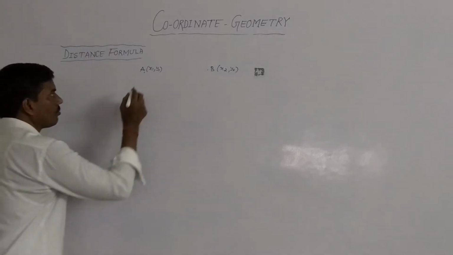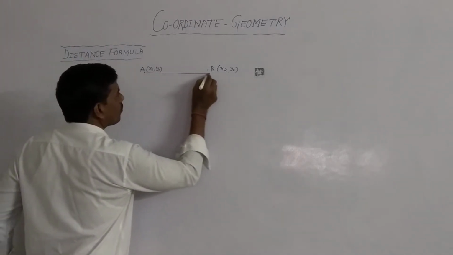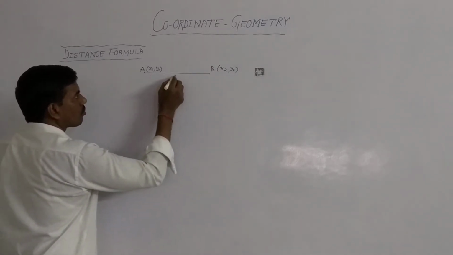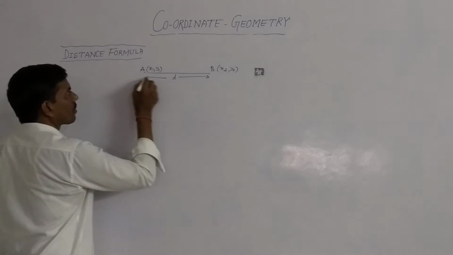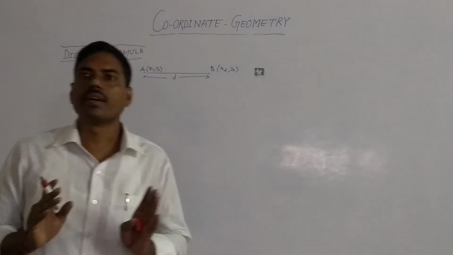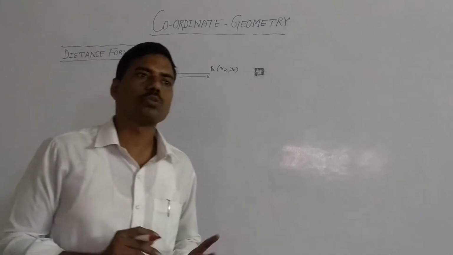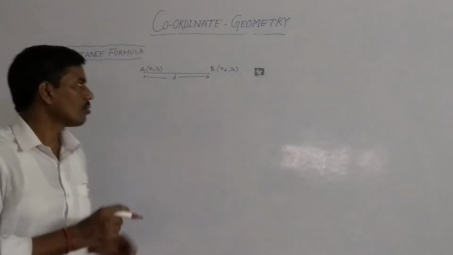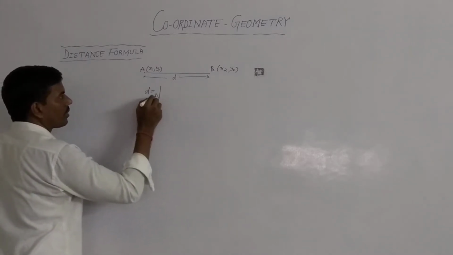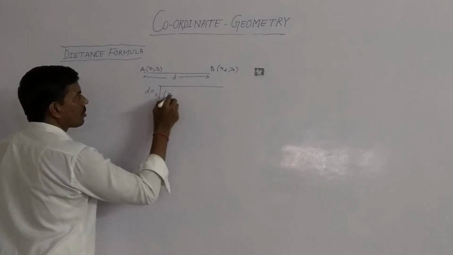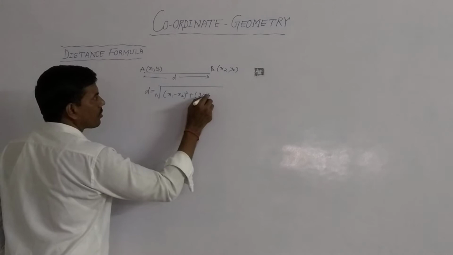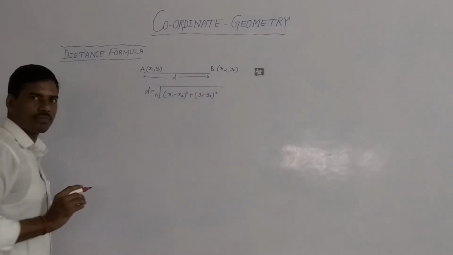It means if we join points A and B, the distance between these 2 points is D. Clear? D is the distance between A and B. So the formula is D equals under root of (x1 minus x2) to the whole square plus (y1 minus y2) to the whole square.